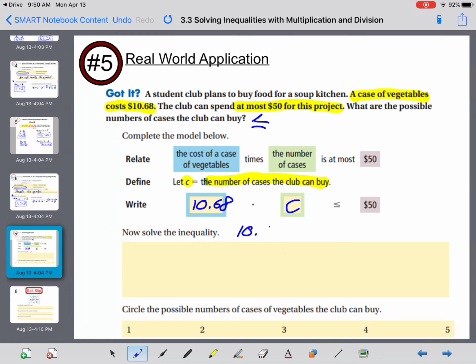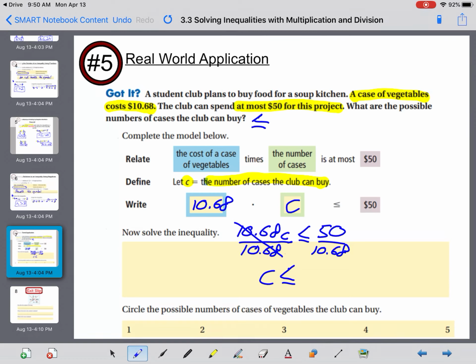So let's write it out. 10.68C is less than or equal to 50. Now we need to divide both sides by 10.68. Now that 10.68 is positive, so we're going to get C remaining less than or equal to, and the only thing we truly need to figure out is what is 50 divided by 10.68.